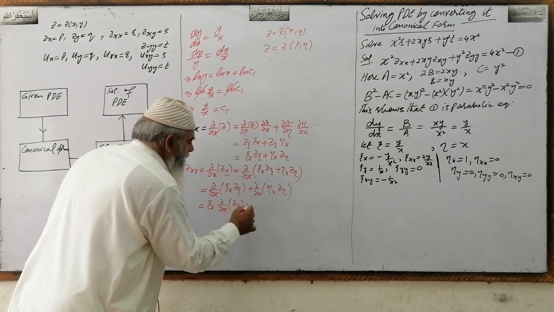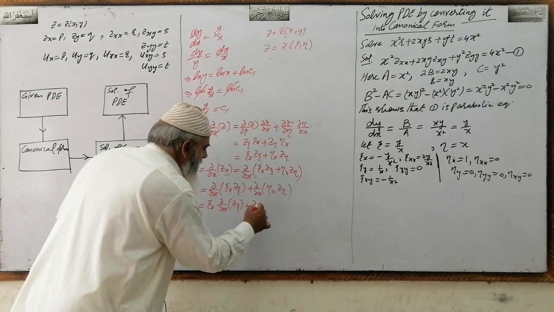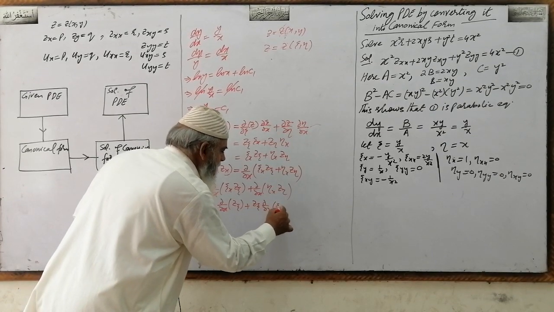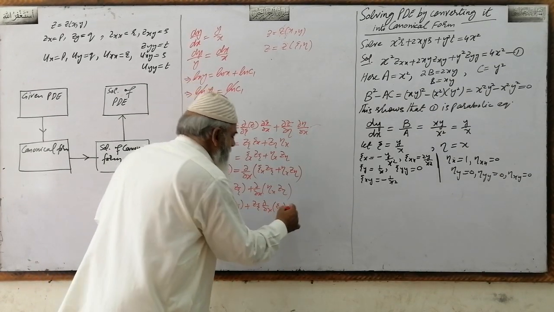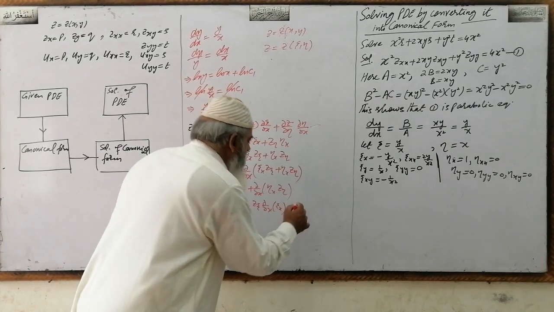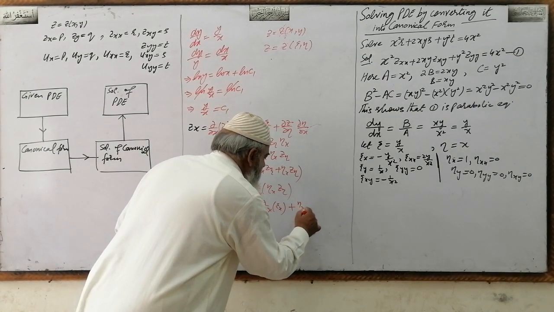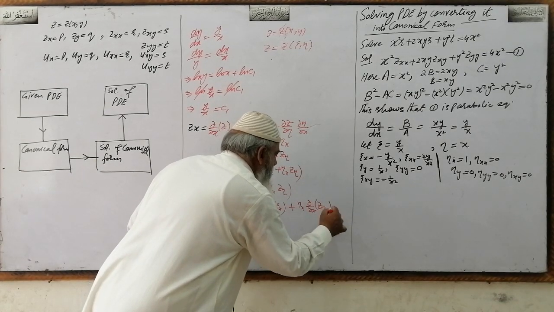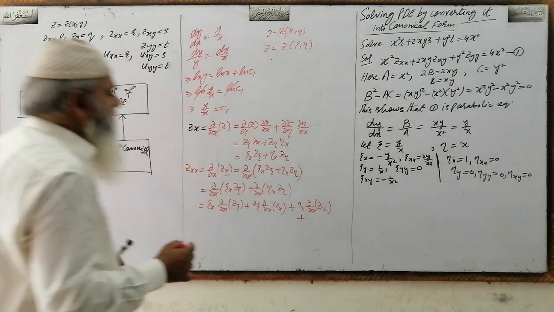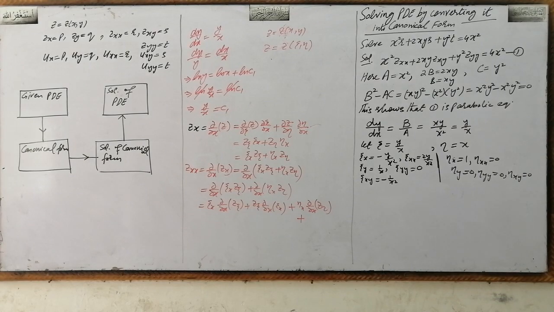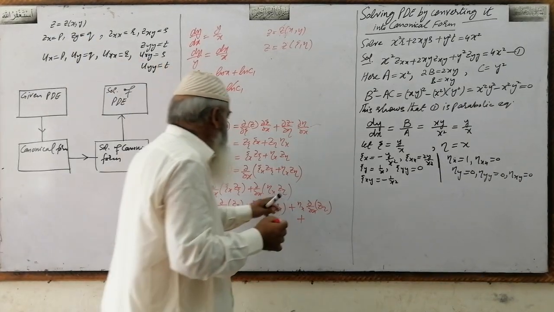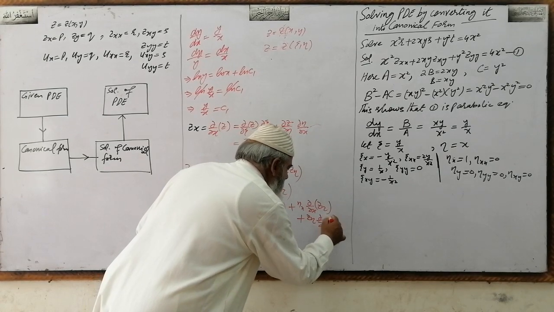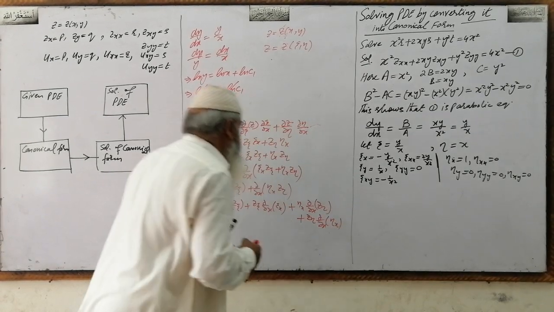Then keep z xi as it is and take the derivative of xi x. Likewise, first keep eta x as it is and take the derivative of z eta with respect to x, and then keep z eta as it is and take the partial derivative of eta x.